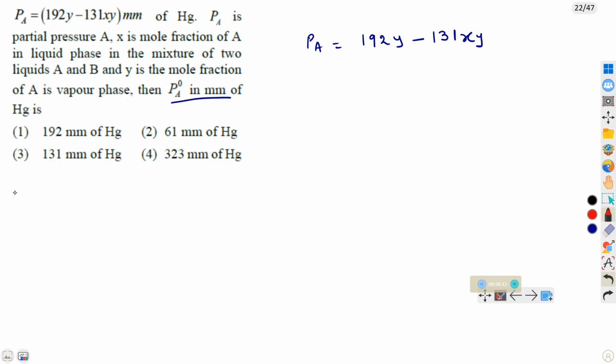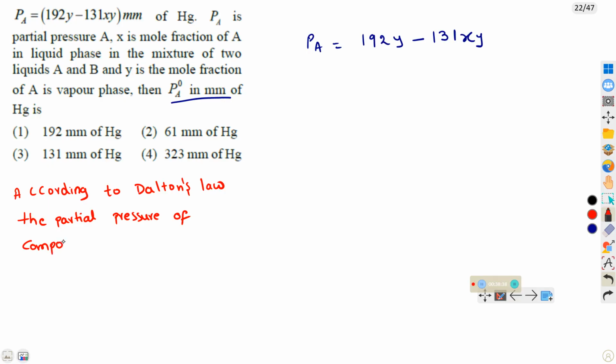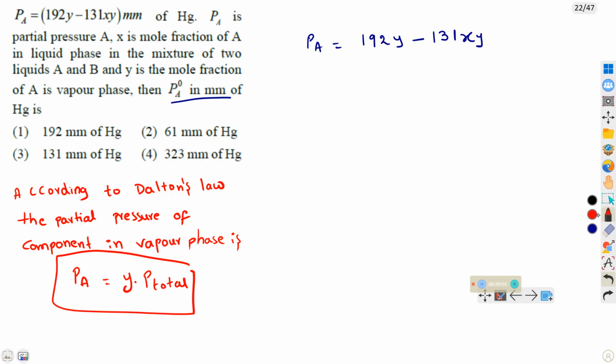We know that according to Dalton's law, the partial pressure of a component in vapor phase is PA is equal to y into P total.